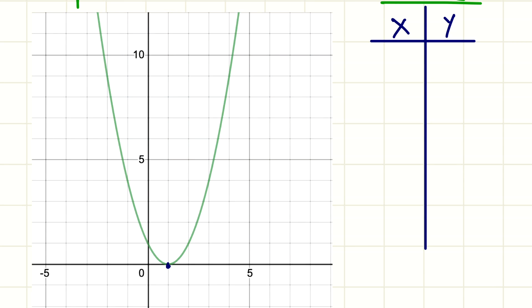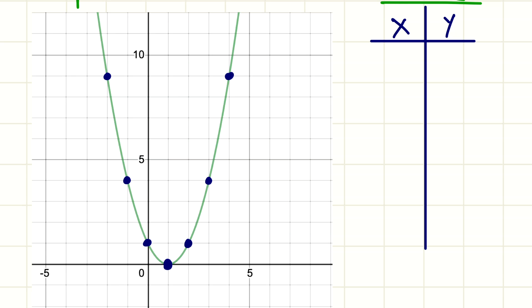I'll start with maybe the vertex. I know the vertex is at the bottom here. I'm looking at some other key points that it goes through that are a little bit obvious, and maybe these as well.